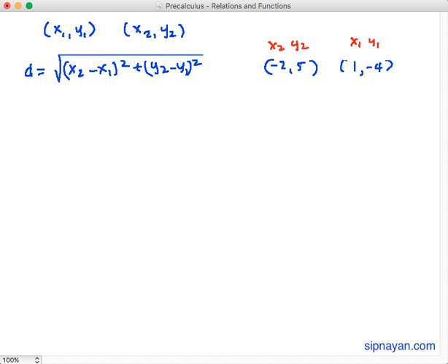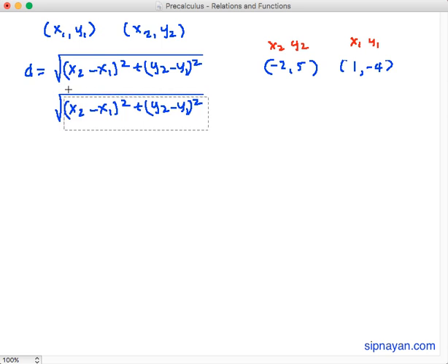So, what we will do is just substitute the numbers here. So, it becomes the square root of... what is inside? Our x sub 2 is negative 2 minus, this is our minus, and then the x sub 1 is 1, right?